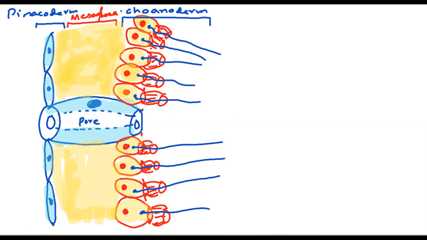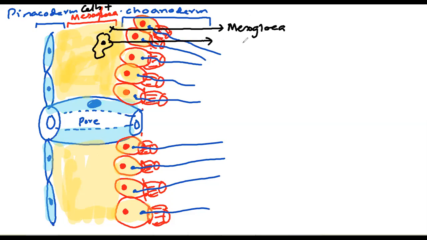Now within the mesoglea, you will find many types of cells, and these are all amoeboid cells. So depending upon their function, we can give them name. So this yellow matrix is called mesoglea. Here you can write cells plus mesoglea. Now suppose this cell, they are called trophocytes or nurse cells.